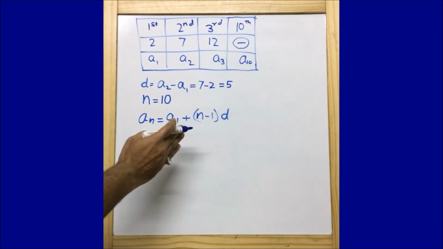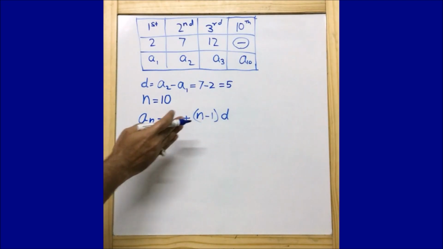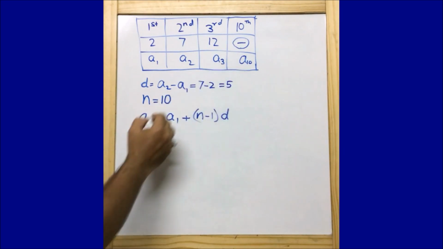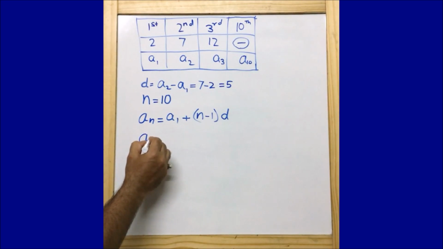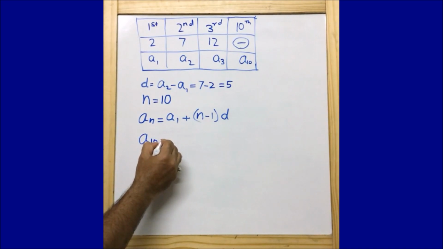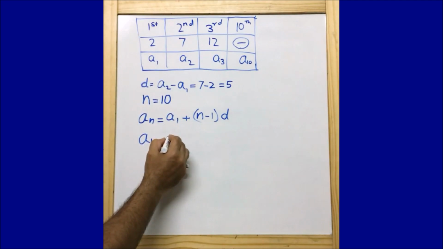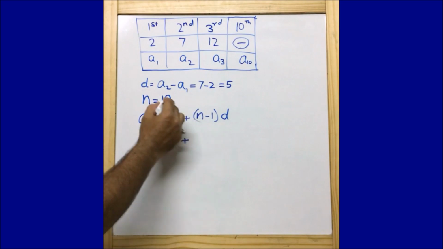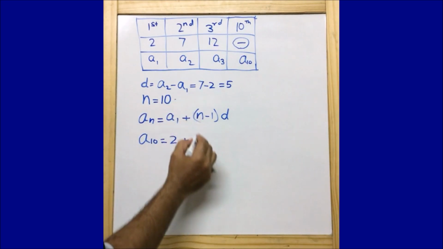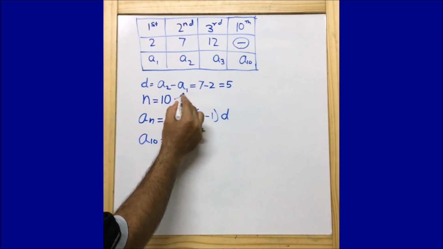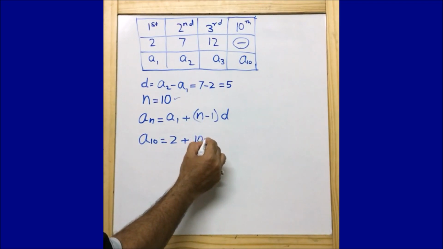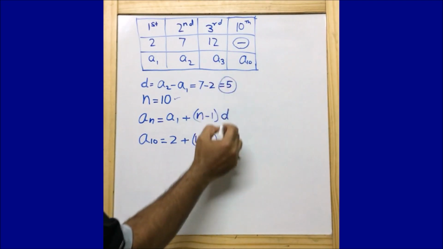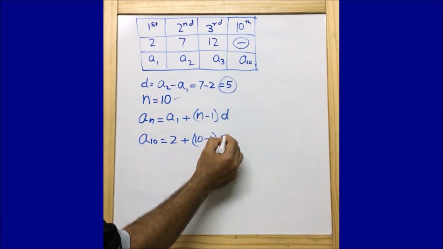Now replacing the values we have in this equation, we will get a10. Here an is nothing but a10, is equal to a1. A1 here is 2 plus n minus 1, here n is 10, so 10 minus 1, and d we found out to be 5, so we'll just write 5 here.